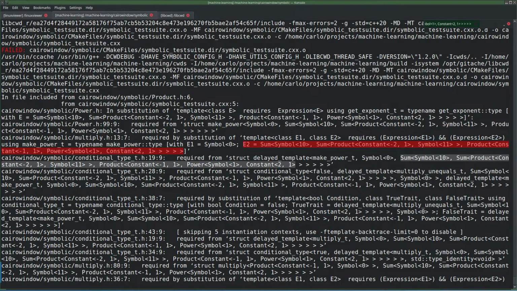And then the power ends here. Constant power, and then the product ends here. And then the sum ends here, and another sum ends here. And this is the last one's delay template.